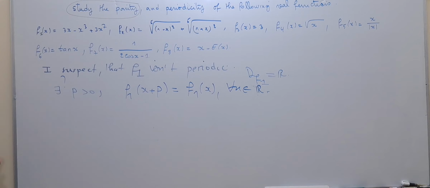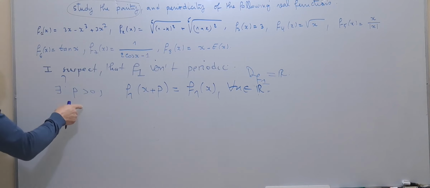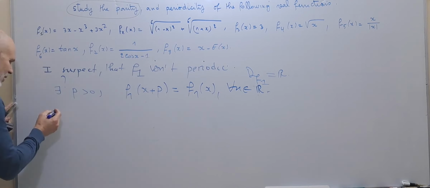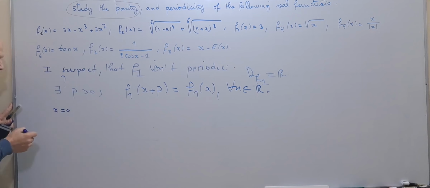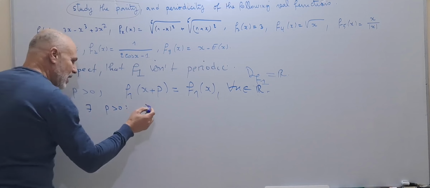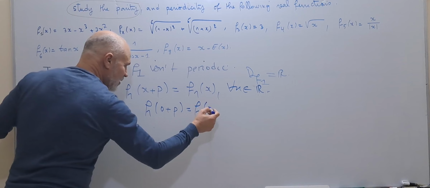If this is true, this makes f1 periodic. If we cannot find P such that this is true, then f1 will be non-periodic. If we take x equal to 0, suppose that this is true, then we will be able to find P greater than 0 such that f1 of 0 plus P equals f1 of 0.